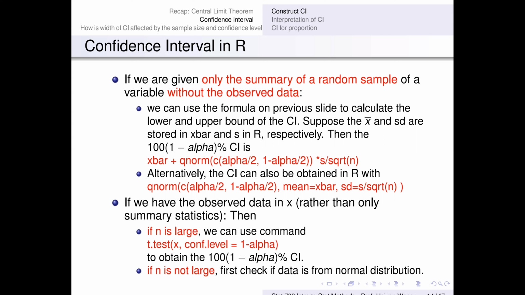If you want a 99% confidence interval, change the conf.level to 0.99. This is assuming that n is large. And if n is not large, in the later part of the lesson, you will learn that we need to assume that data comes from a normal distribution, and then this t-test would still be valid if the data comes from a normal distribution.